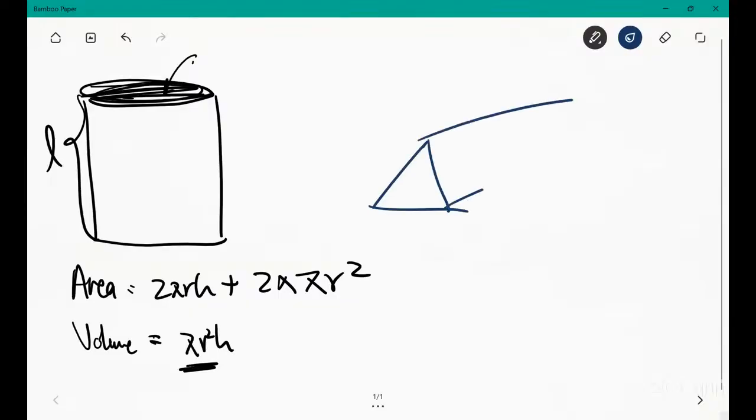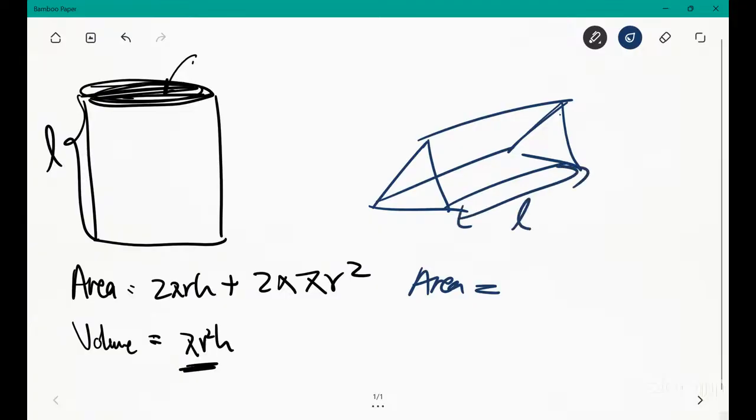Yeah. Then we come to the prism. Okay, same thing. Prism area is a little annoying, but this one I'll just tell you. So let's say this is L, B, H, and the height.